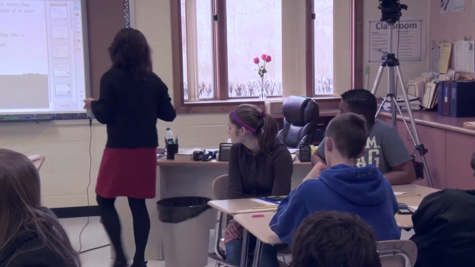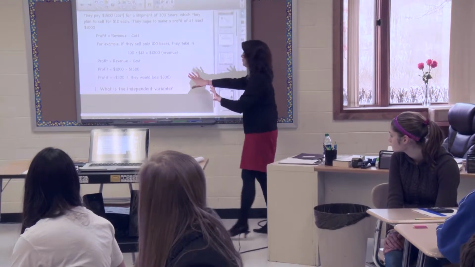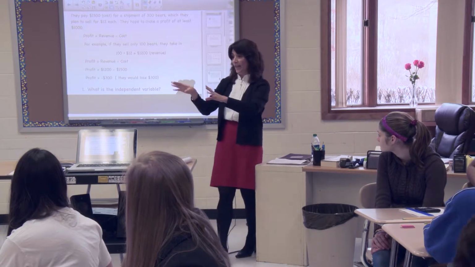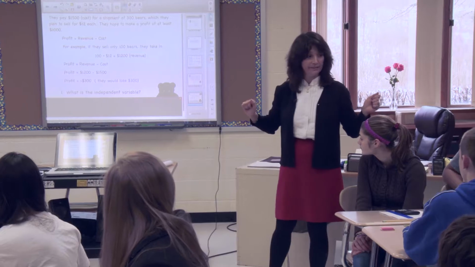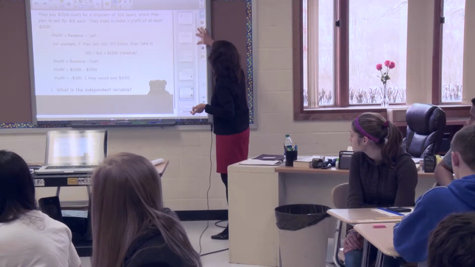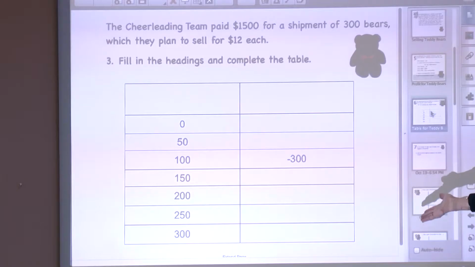So what you're going to do today is answer quite a few questions, and they're in your packet. You're going to first deal with activity 1, which is selling these teddy bears. In your group, you're going to answer a series of questions, and you're also going to fill in this table.